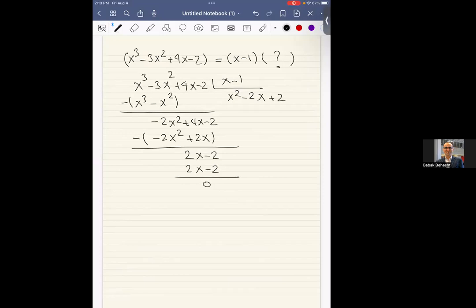These are the coefficients of my polynomial, right? x cubed is 1 times x cubed. So you see the sum of these coefficients is 0, which means x equal to 1 is a root.